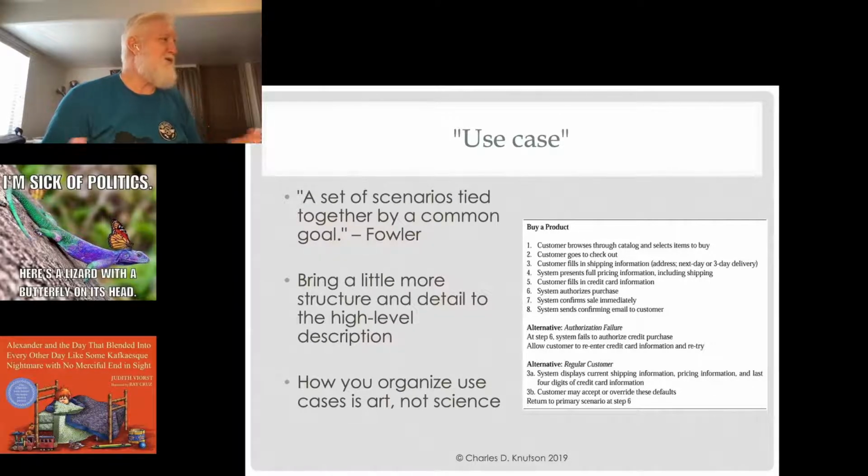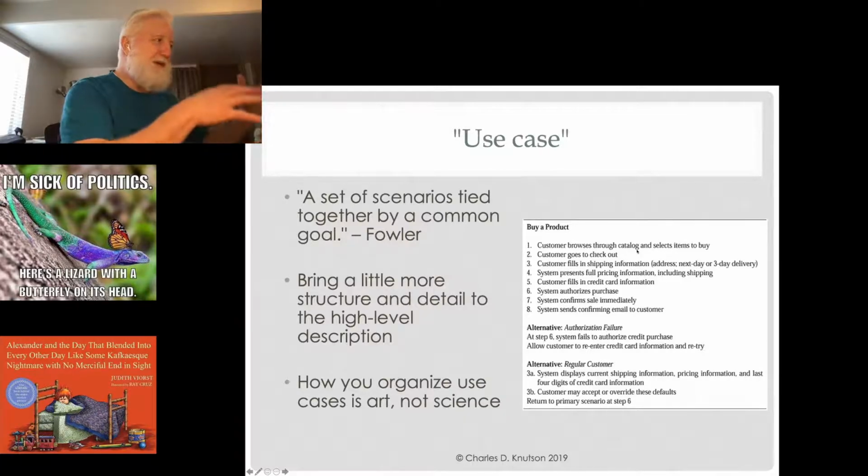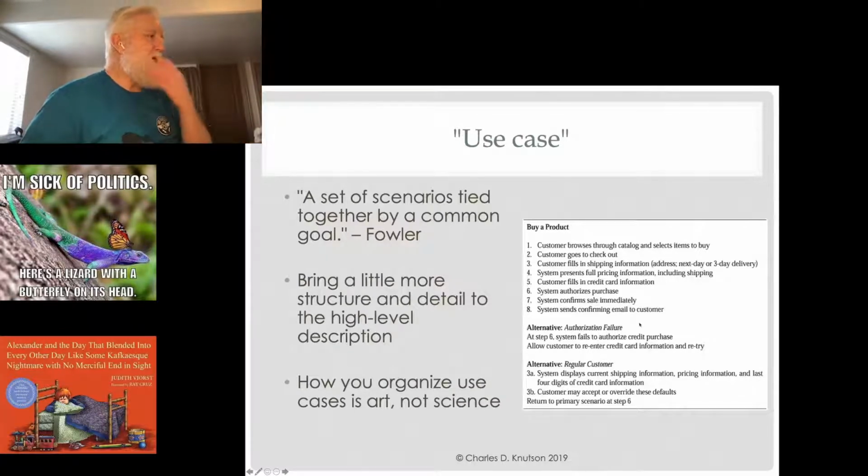And so, for example, this one here, buy a product, these are different scenarios. The customer browses the catalog and selects items to buy. That's a certain scenario. You go to checkout, that's another scenario. You do the shipping part, et cetera. You can also have alternatives, like a regular customer, a repeat customer, where you hang on to that information for them. That gets you thinking about design.